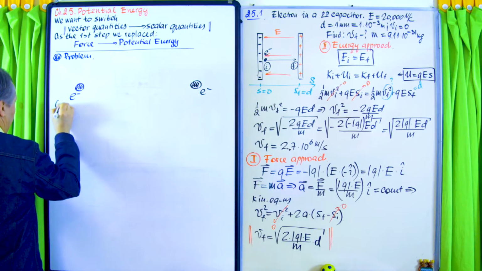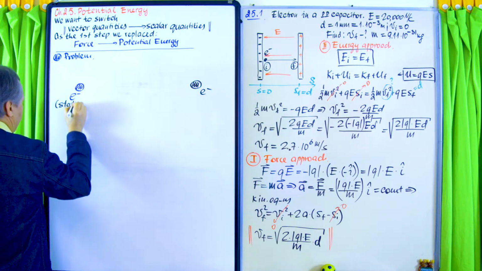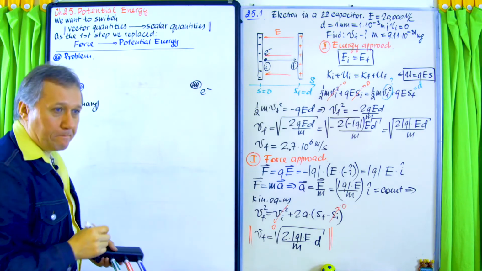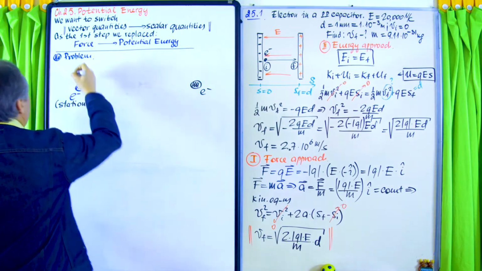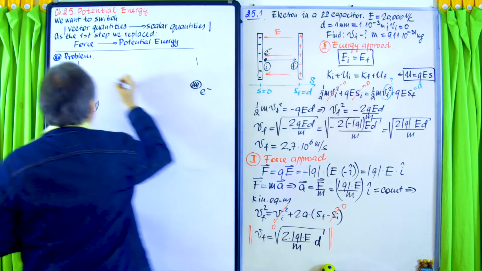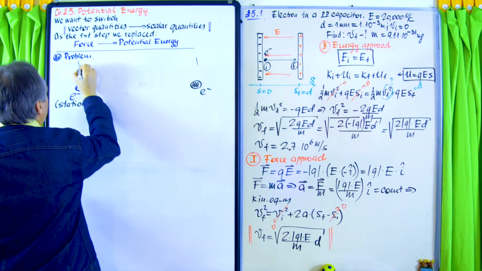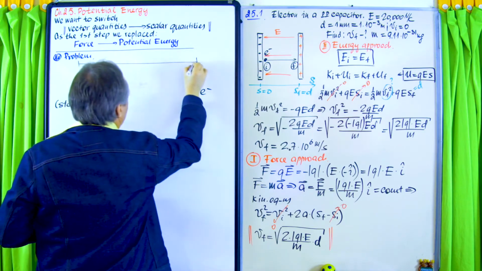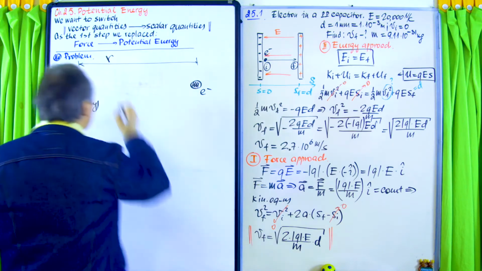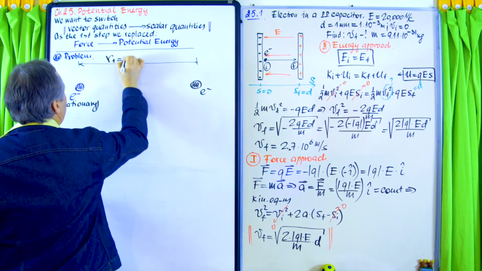And this is, I'll emphasize, stationary. So then, as I said, at the initial moment, the distance between these two electrons is R1, 1 millimeter.